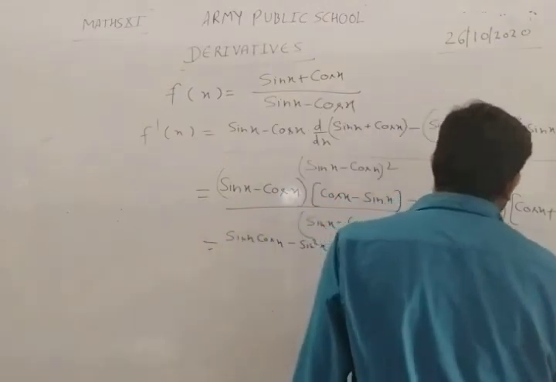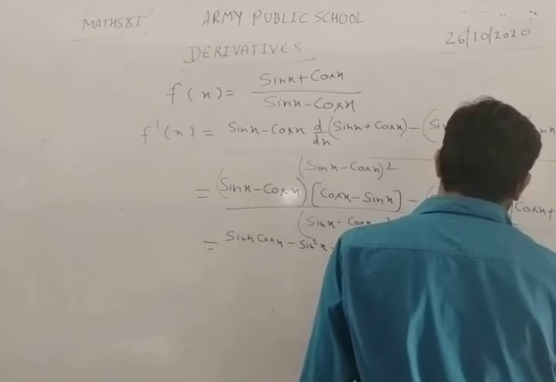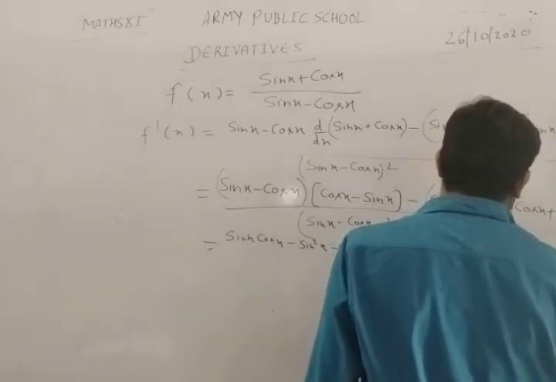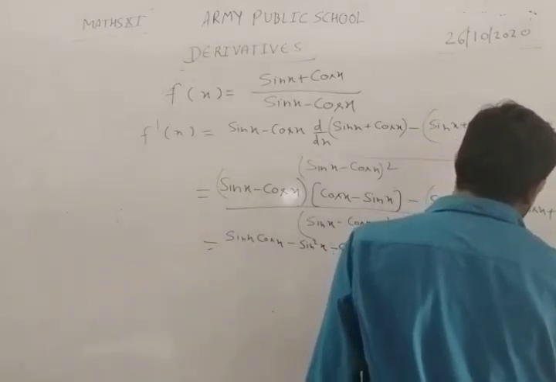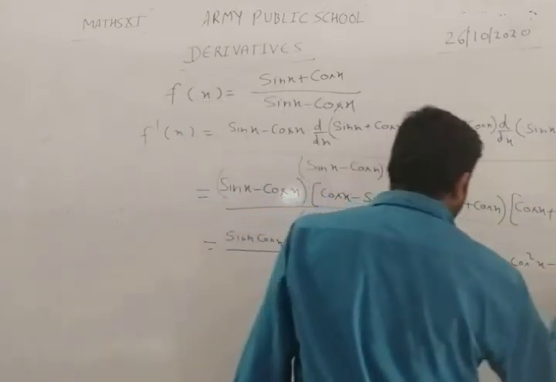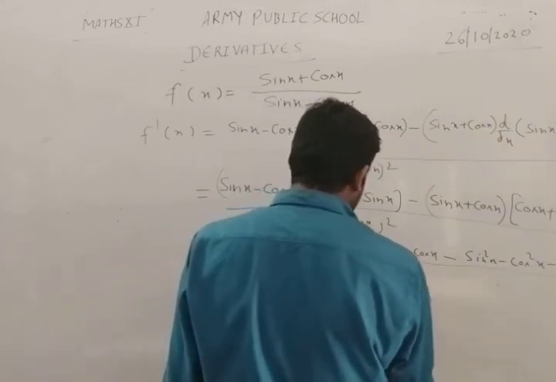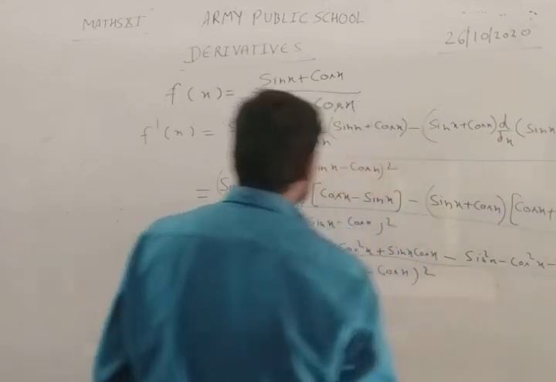Now here is sin square x, cos square x, 2 sin x cos x, and divided by sin x minus cos x whole square.